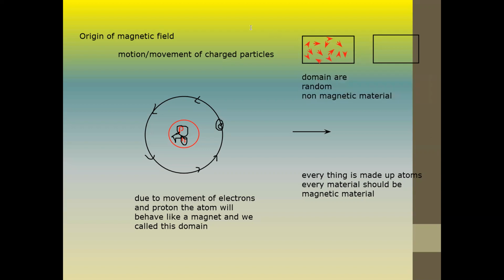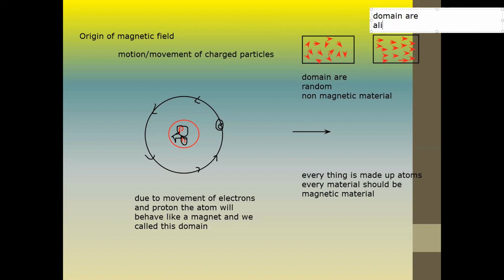But there are materials in which the atoms are arranged in a regular pattern. When atoms are arranged in a regular manner, that material in which the domains are aligned is known as a magnetic material.